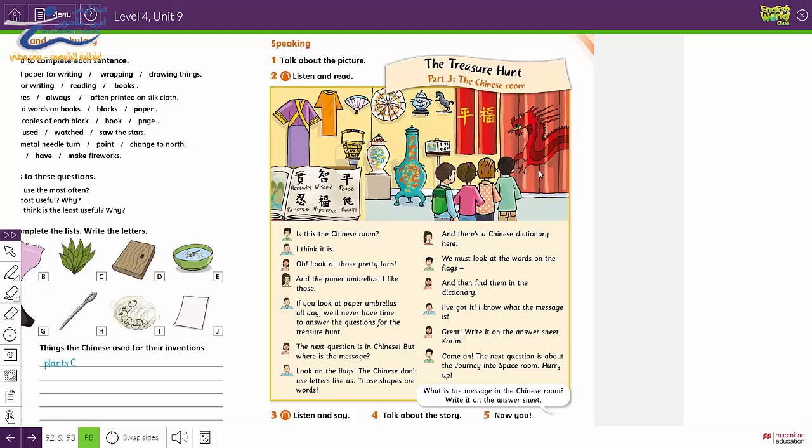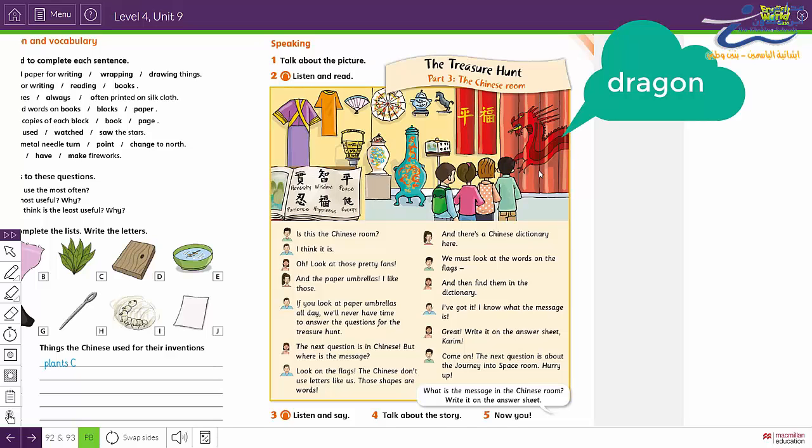What can you see? Yes, there are pretty fans. What else? Yes, paper umbrellas. All of these things belong to the Chinese people. And you can see the dragon on the curtain.